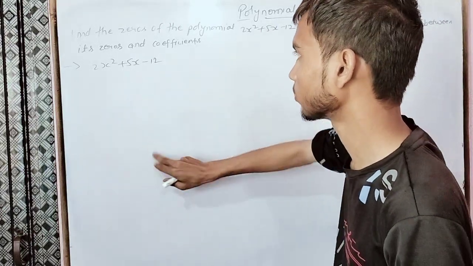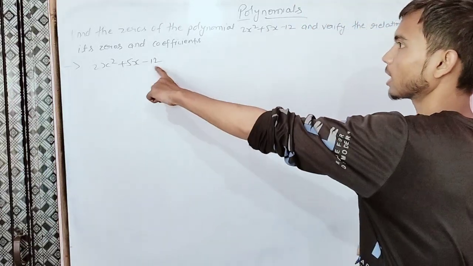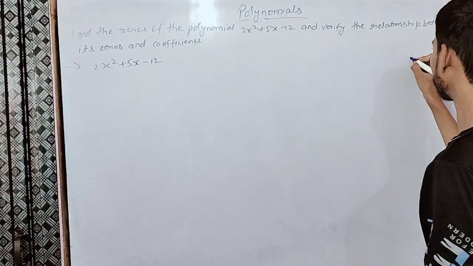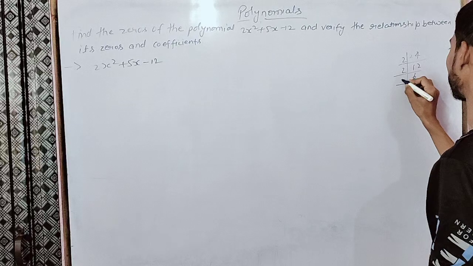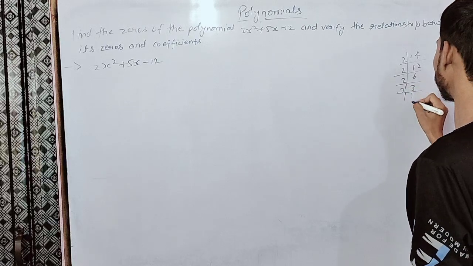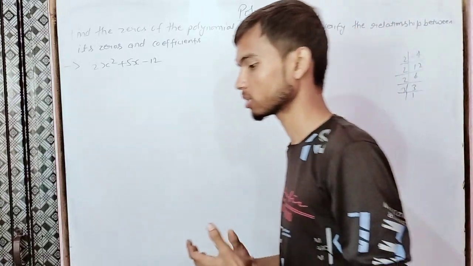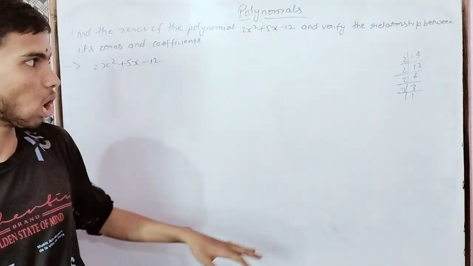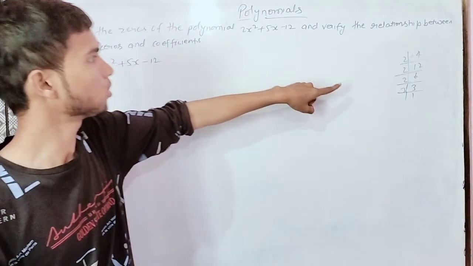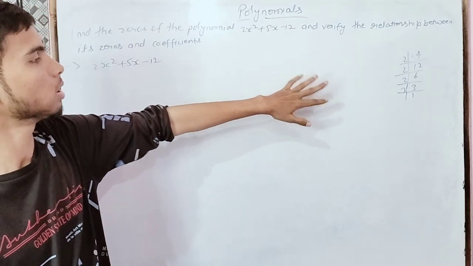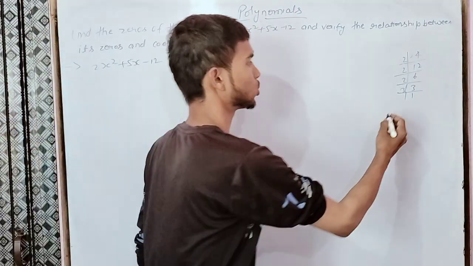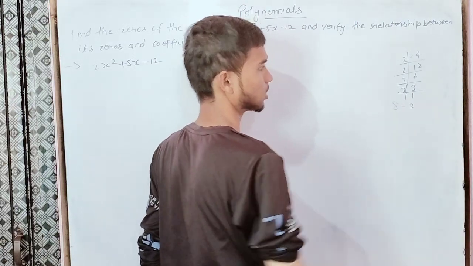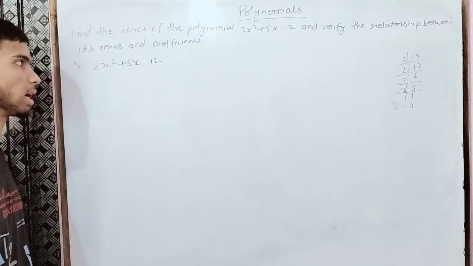of the middle term. So 12 is 2 times 6, 2 times 6, 3 times 4, and we have to write 5x. So how can we write it? 2 times 4 is 8, and 8 minus 3 will give us 5.